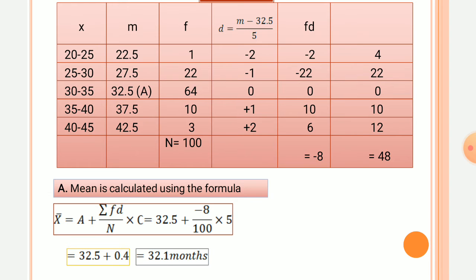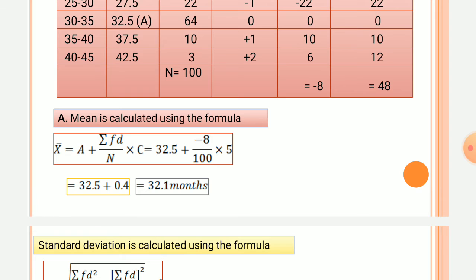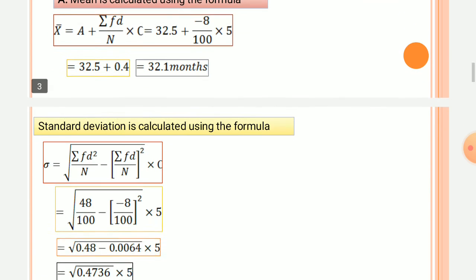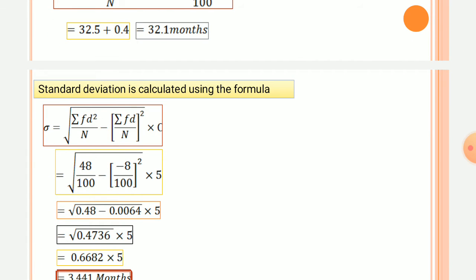So 32.5 plus minus 8 into 5 is minus 40, divided by 100 equals minus 0.4, which is 32.1 months. This is the value of x bar.